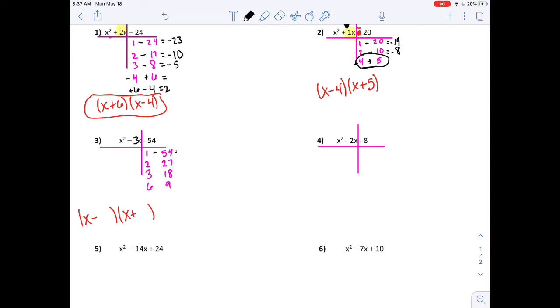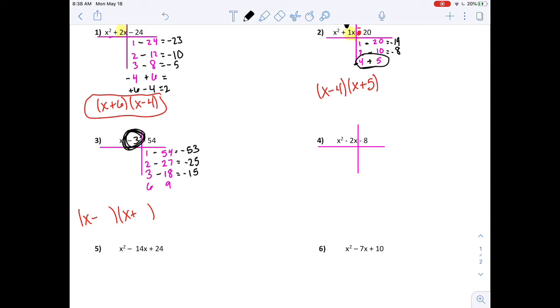So 1 and 54 are definitely not 3 numbers apart. Those are 53 numbers apart. 2 and 27, still not 3 apart. Those are 25 numbers apart. 3 and 18 are 15 numbers apart, but 6 and 9 are 3 numbers apart.